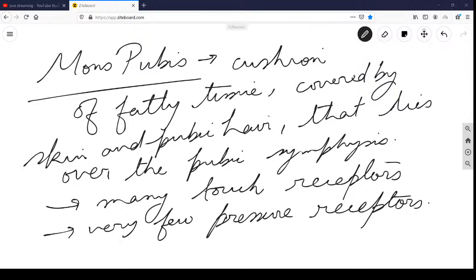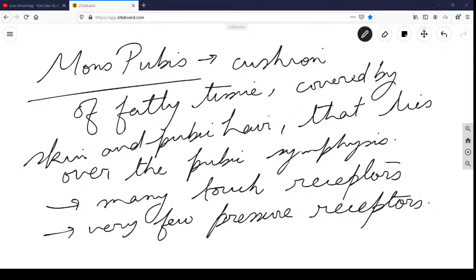The distribution and the amount of pubic hair also varies in various individuals. In about 25% of women, this pubic hair extends in a line up to the navel also.